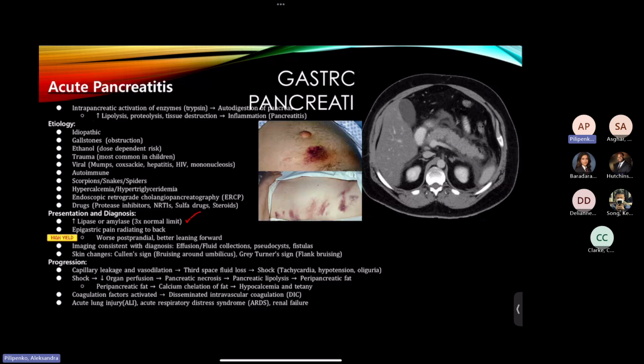The amylase or lipase will be elevated 3 times, right? Epigastric pain radiating to the back. And then it's going to worsen after the meals. They will get some relief if they lean forward. All right. So that's acute pancreatitis. And then you will have to distinguish that.